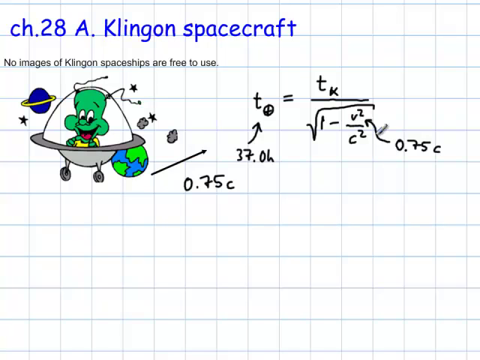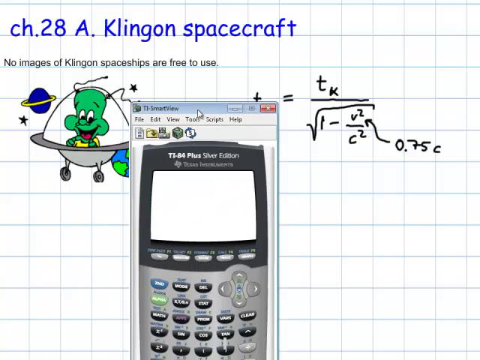But if this one is already in terms of the speed of light, then I have the speed of light squared up here divided by speed of light squared, which means it divides itself out, and it's pretty much just 0.75 squared divided by 1 squared. I'll show you that on the calculator.